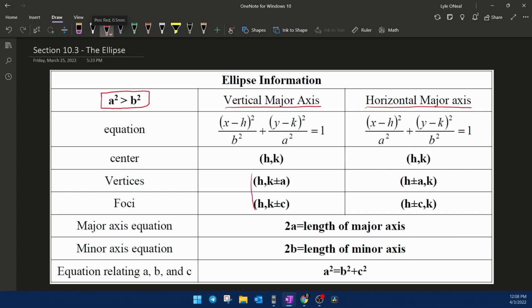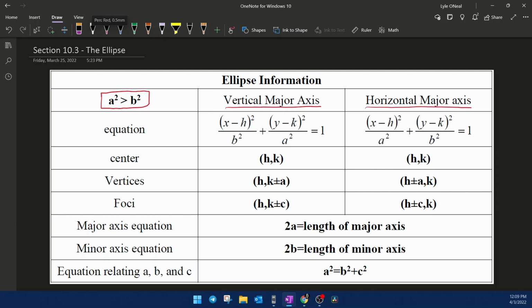So I want you to notice that for the vertical major axis, all of the x-coordinates are h, which would indicate that if the x-coordinates are identical, you're going to have a vertical major axis. Likewise, for the horizontal major axis, notice that the y-coordinates are all k, and this would indicate that if your y-coordinates are the same, you're going to have a horizontal major axis.